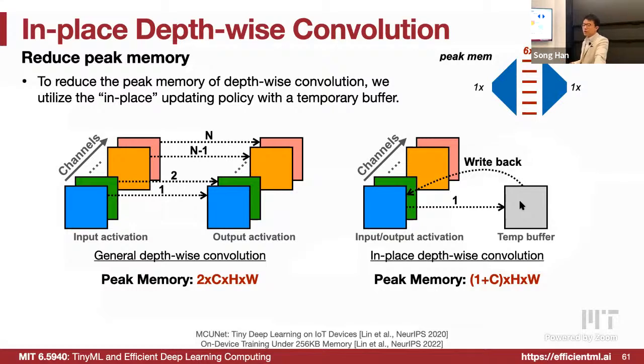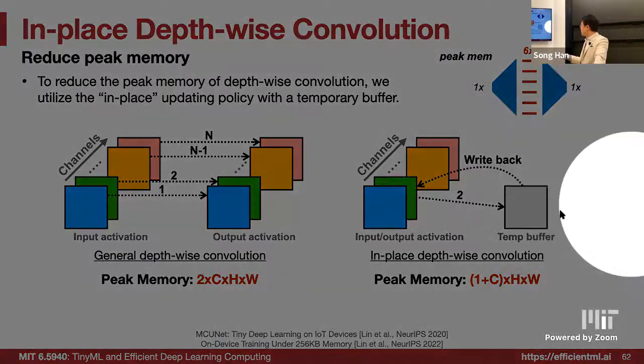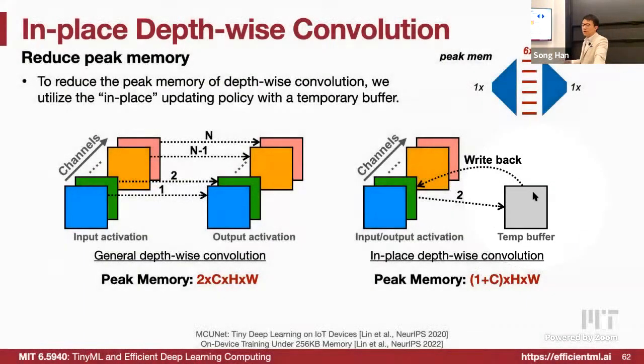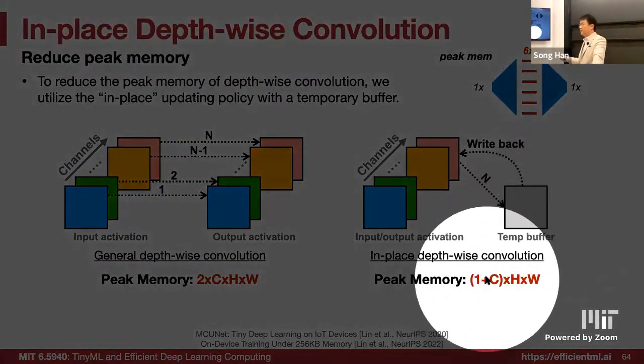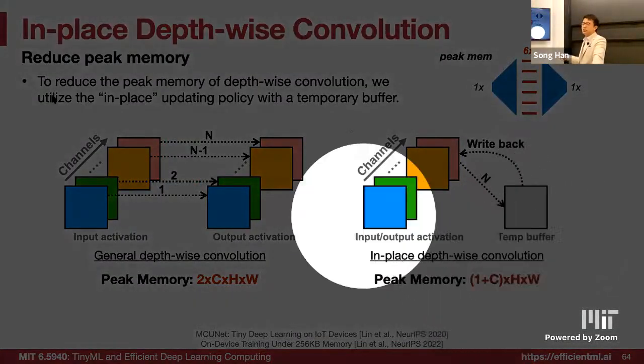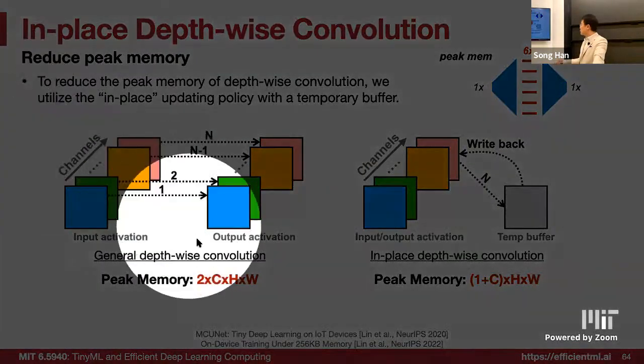When we are computing on channel 2, we also use the same temp buffer and write it back to channel 2, and so on through channel N. So in this way, we don't need to double the memory footprint; we only need one constant buffer. So 1 plus C times HW. Previously, it's 2 times CHW.